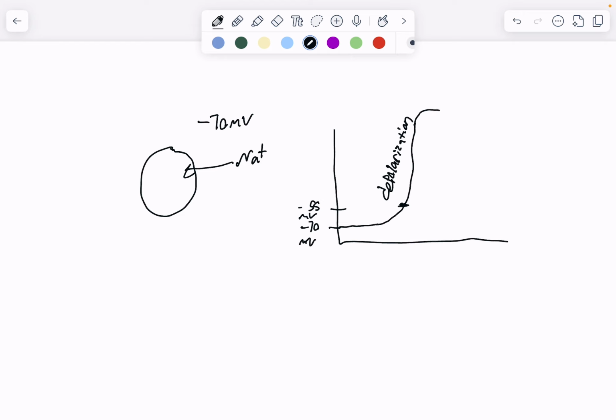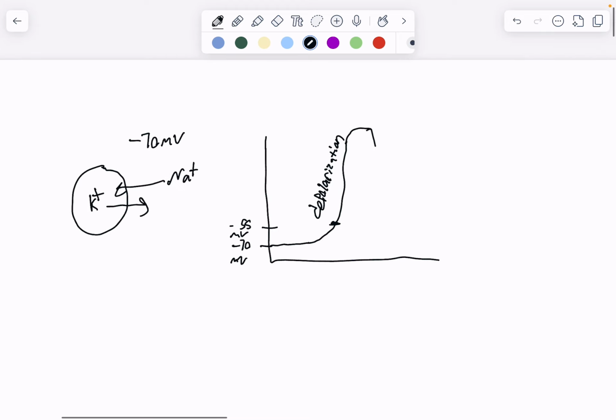And then as soon as it reaches the action potential, the sodium channels are going to turn off, and potassium channels are going to open, with potassium leaving the cell, repolarizing the cell.